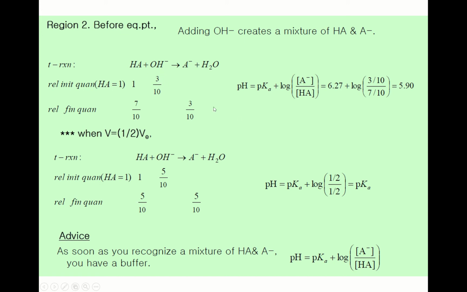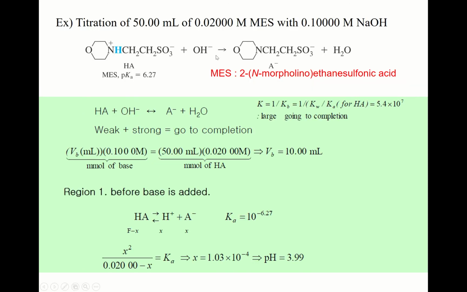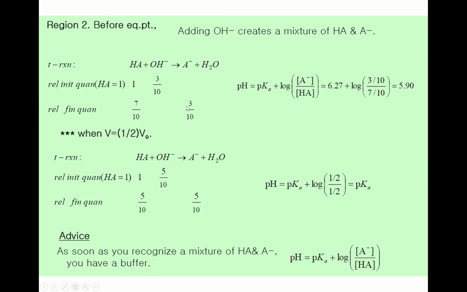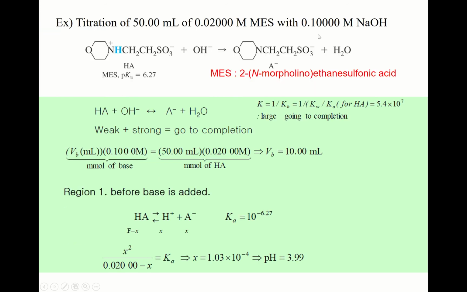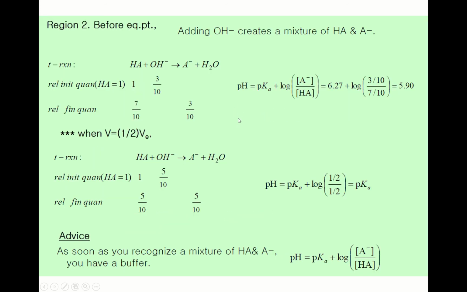The initial volume was 50 ml, and now we added 3 ml of sodium hydroxide, so the volume increases to 53. Actually, that doesn't matter.